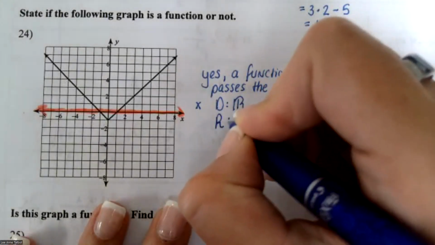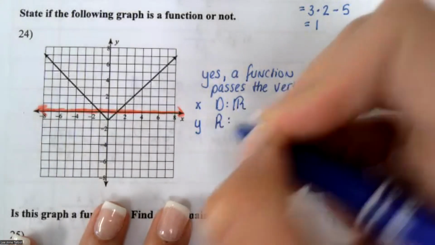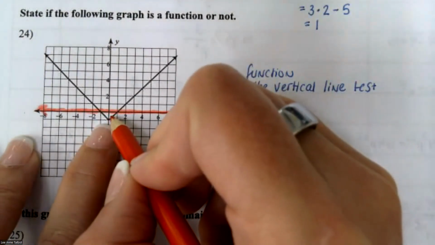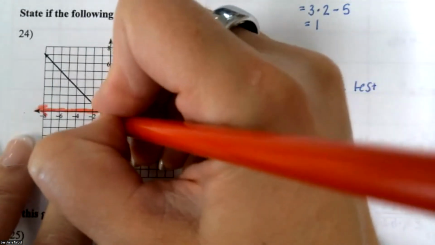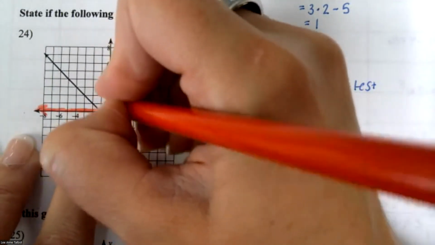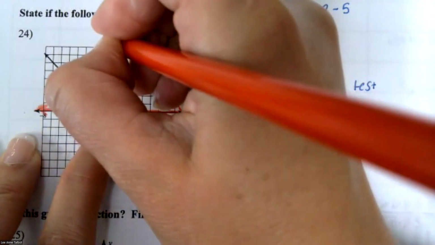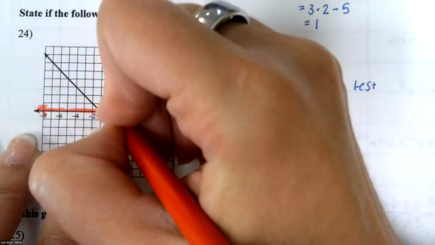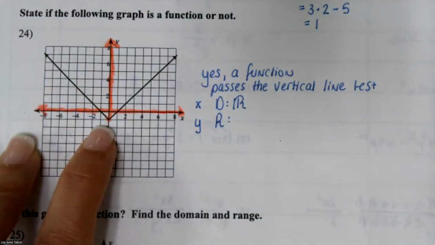Okay. Range is the Y's. And I see a very clear bottom to this graph. I'm going to make a dot there. And then I notice it goes up forever. This is an arrow going in one direction, not an arrow going in both directions.